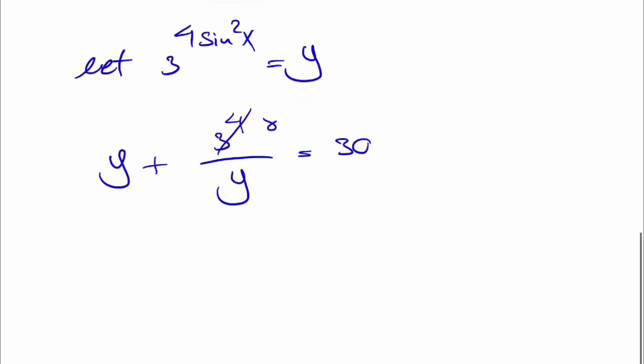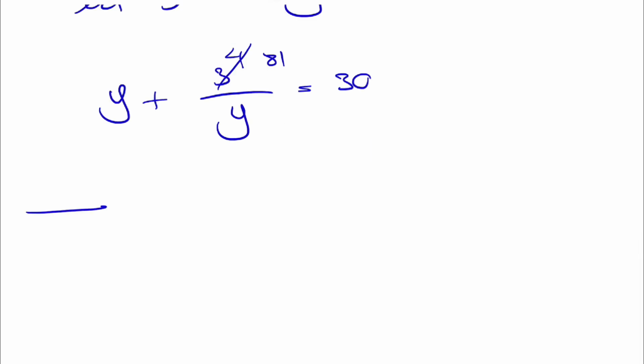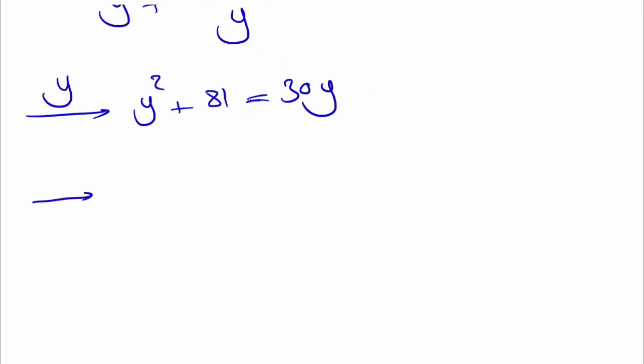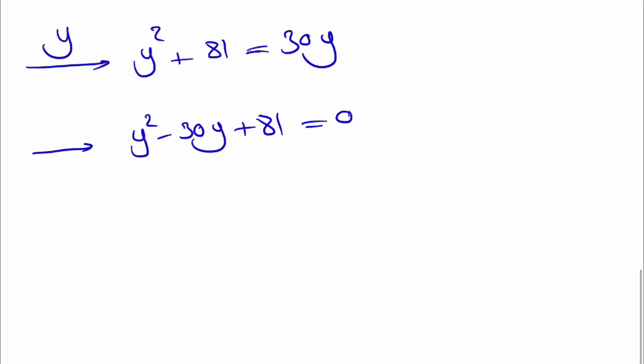Instead of 3 to the 4, we can write 81, and if we multiply this equation by y, we have y squared plus 81 is equal to 30y. We bring everything to the left side, so y squared minus 30y plus 81 is equal to 0.